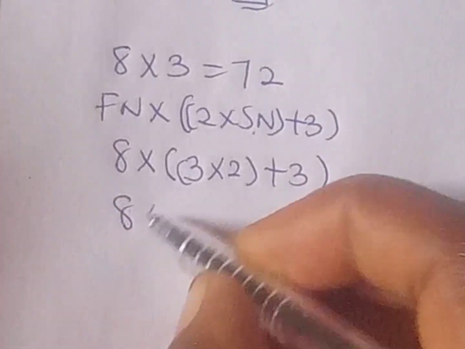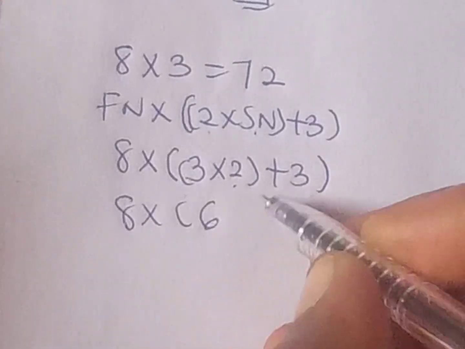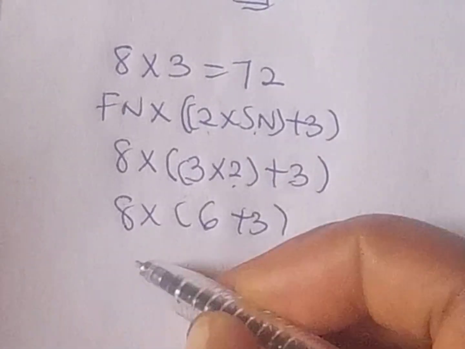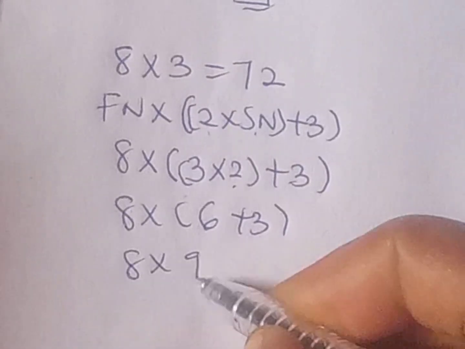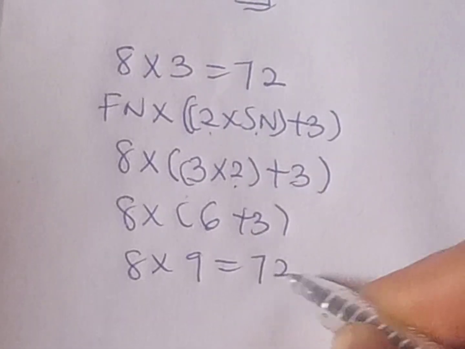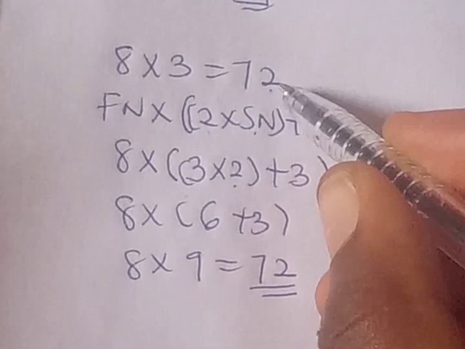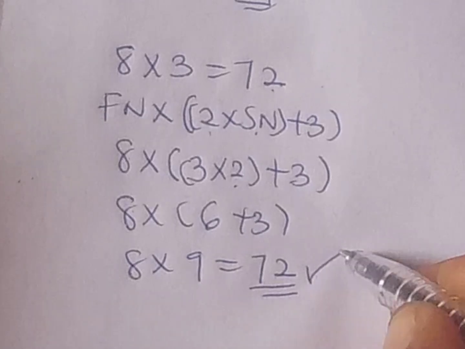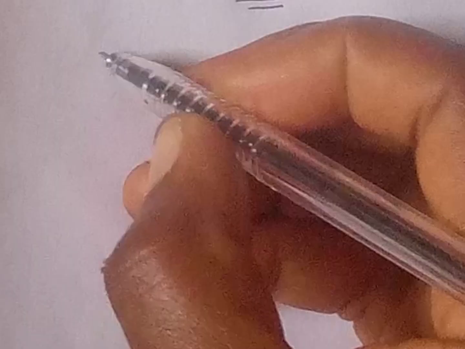So we have that 8 times, 3 times 2 is 6. 6 plus 3 will give us 9. So we have 8 times 9, and 8 times 9 will give us 72. Can you see here that we have 72? So this is perfect. Let's solve the third line.